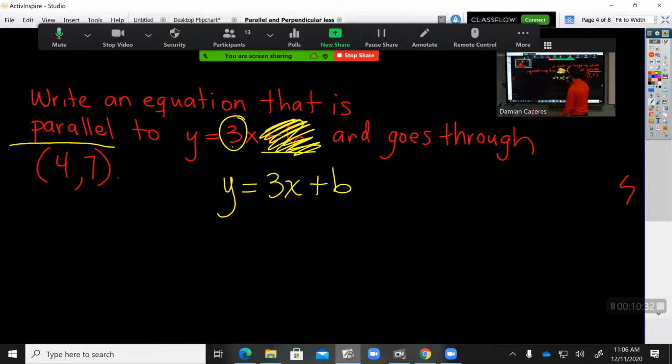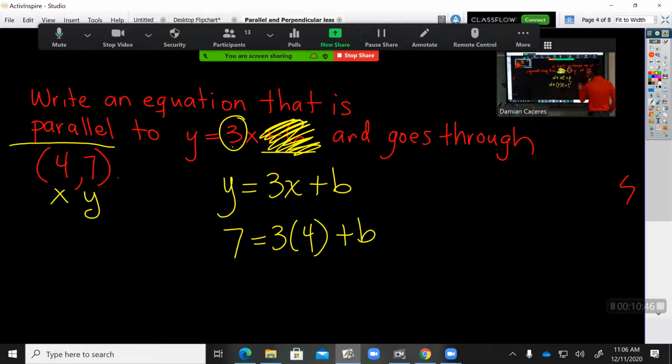We're going to write y equals 3x plus b. And now all you do is plug in the x and the y values from this point it goes through, where they belong in this equation. So I put the x where x is, which is 4, and I put the y, which is 7, where y is.